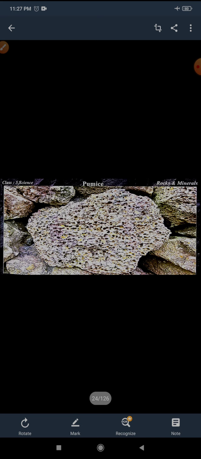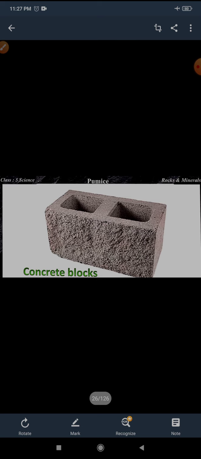You can see so many holes inside it, and it has the ability to float. What are its uses? It is used in making lightweight building materials such as concrete blocks. Here you can see in the picture.